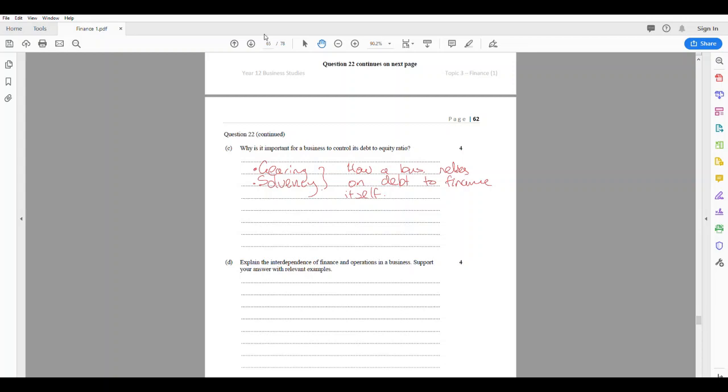Why is this important? Because of profitability, ability to repay debts, having available capital to use for investment.